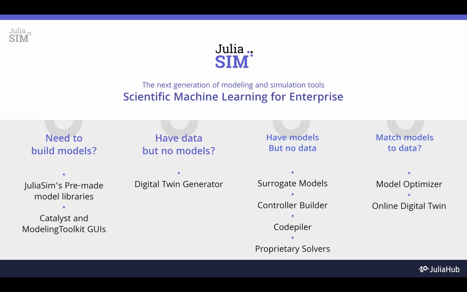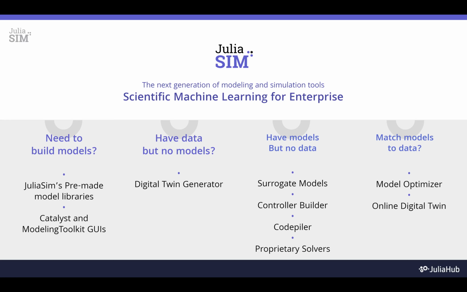And of course, we have a very rich suite of open source solvers that come from the Julia language as well, which we support. If you want to build models from data, then we have a suite of system identification techniques and digital twins, which you can use to build a model to be able to use in downstream analysis.